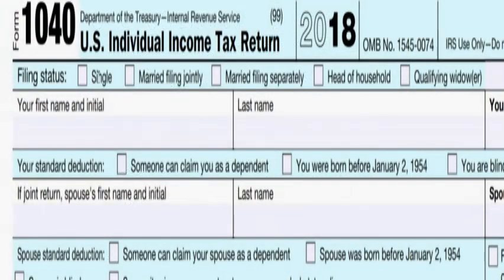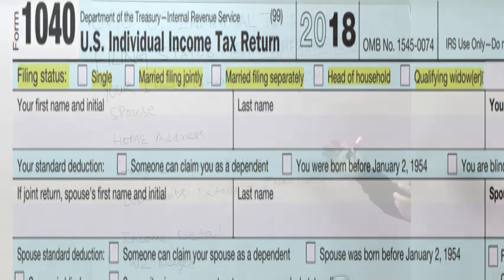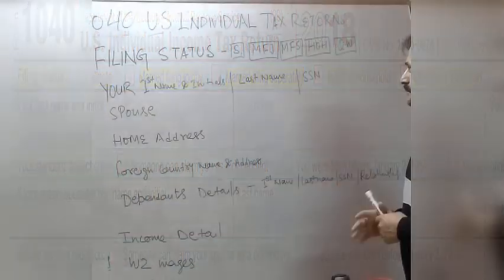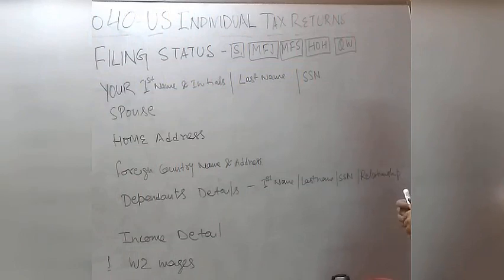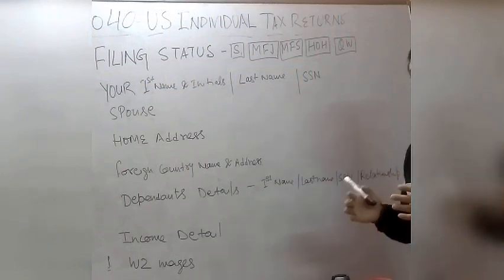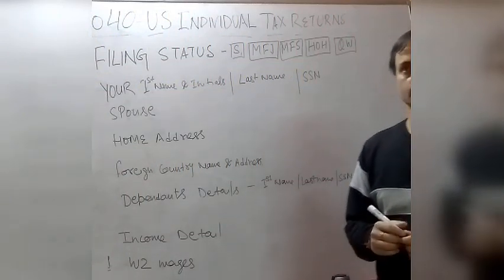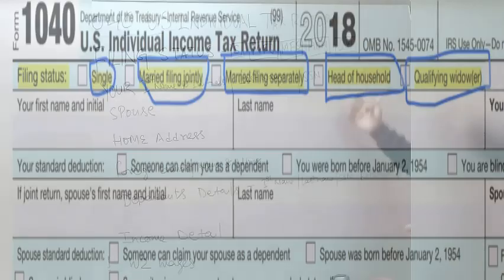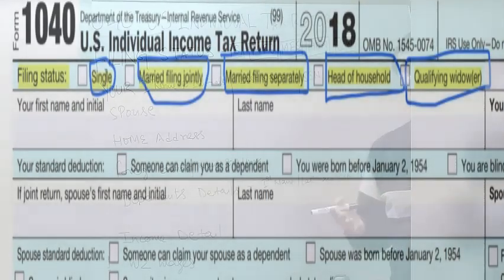Are they filing as single, or filing married, filing jointly with spouse, or someone could be married but filing separately. They just need to mark the checkbox, or filing as head of the household, or qualifying widow.